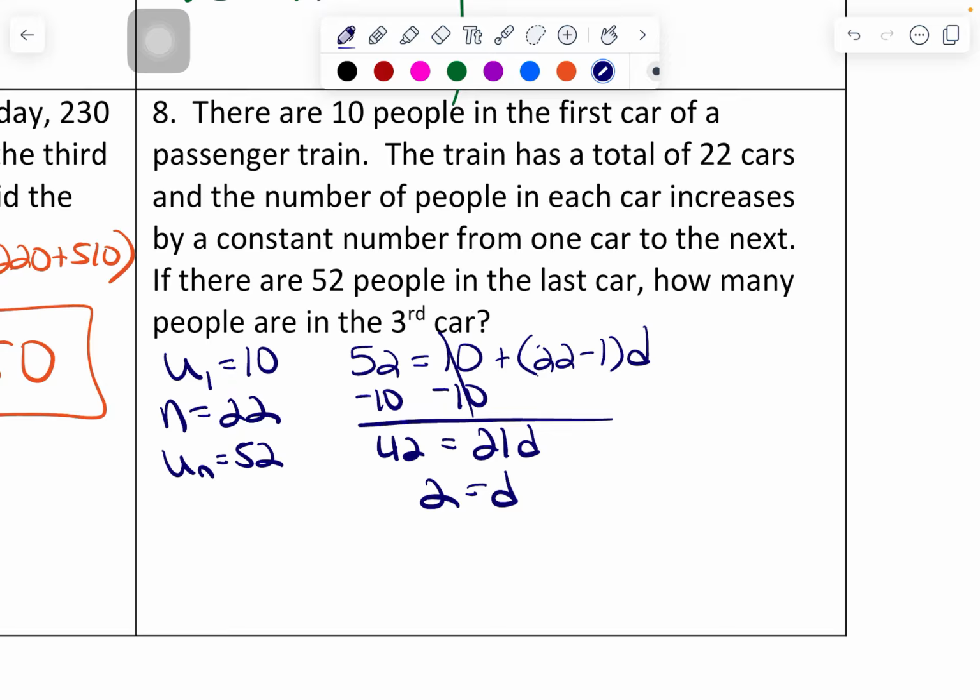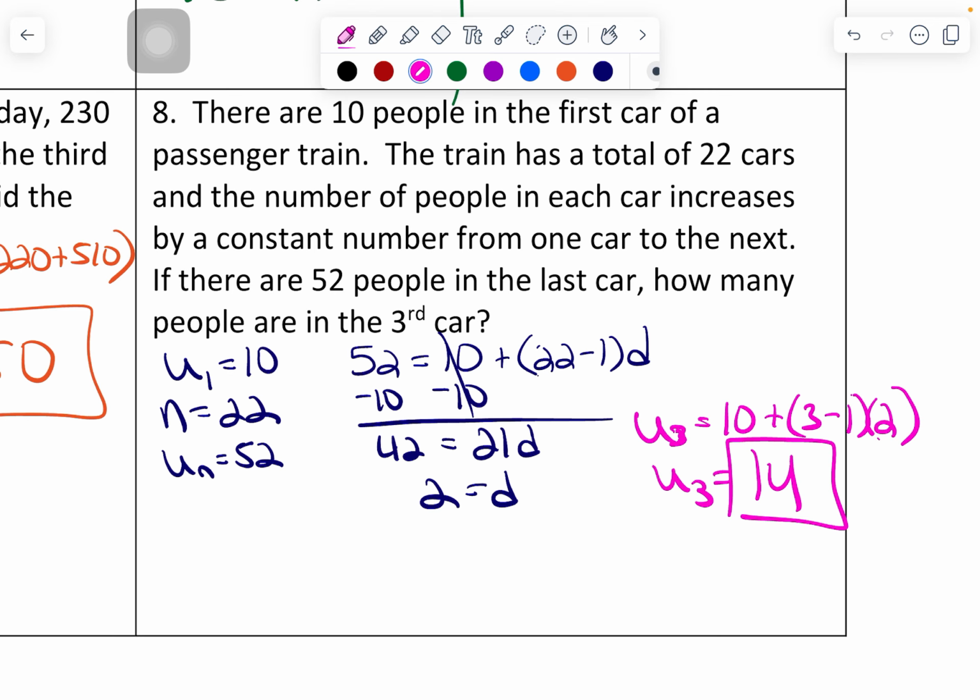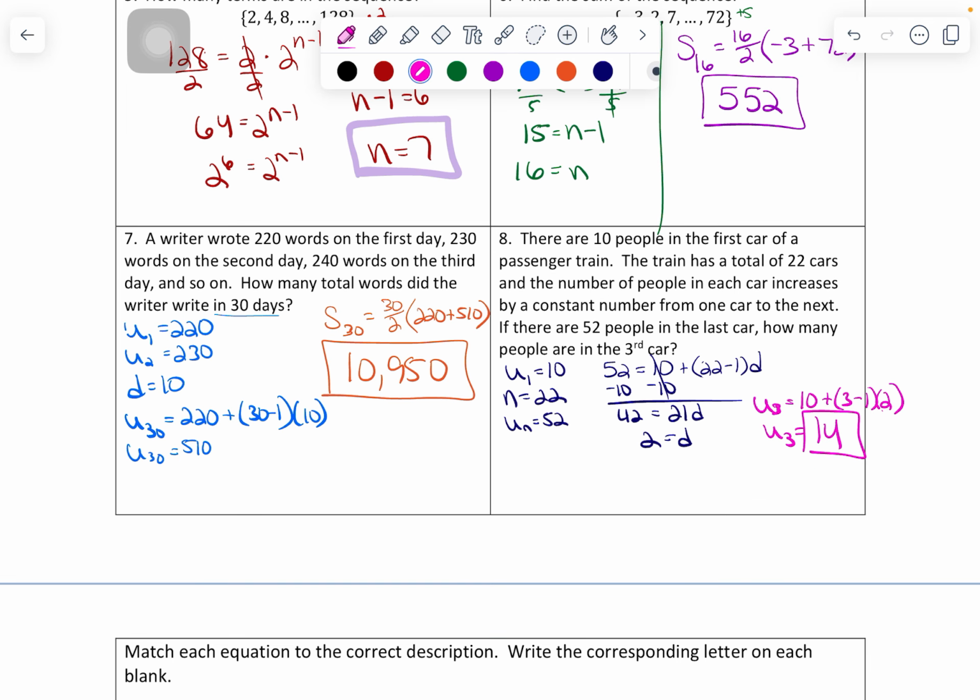How many people are in the third car? So let's go ahead and do U sub 3 is equal to U sub 1 plus N minus 1 times D. So what would that be? 3 minus 1, 14? We'll go with 14 there. Okay. So that's 1 through 8.